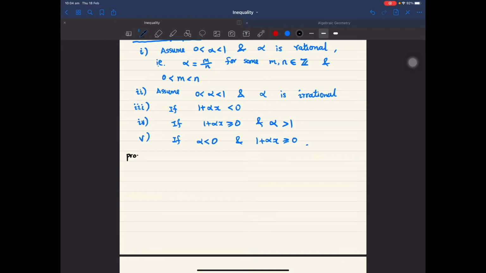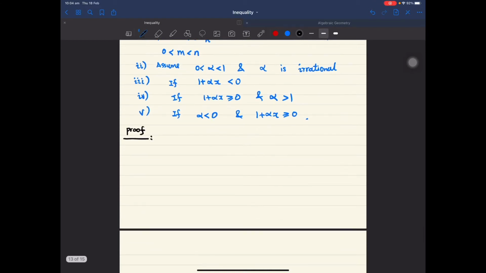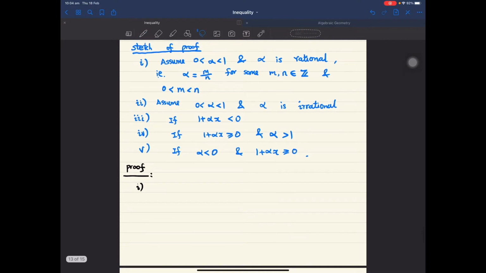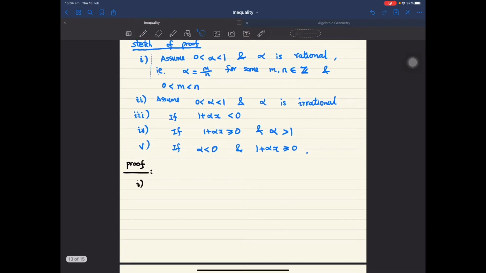Proof. So the first one, keep that in mind. We assume alpha is between 0 and 1 and alpha is rational.